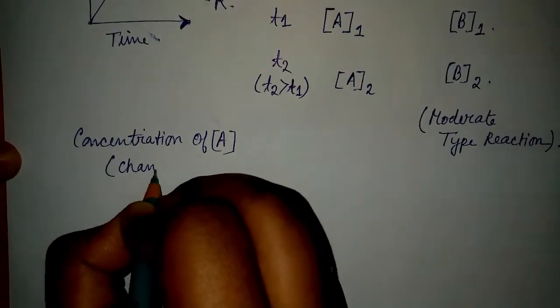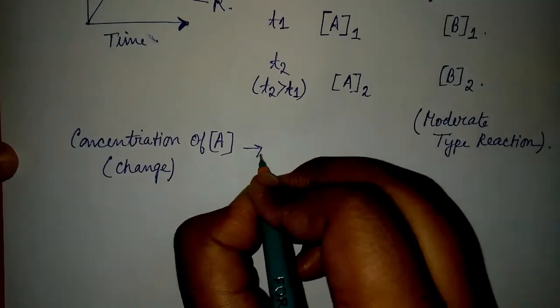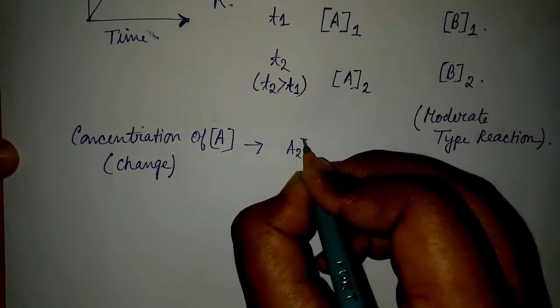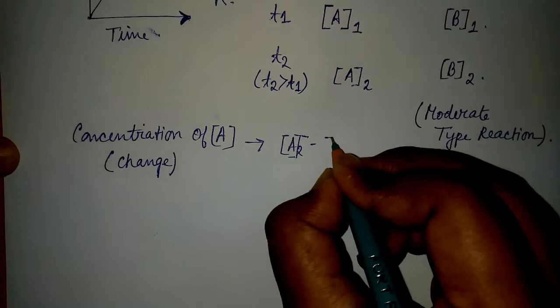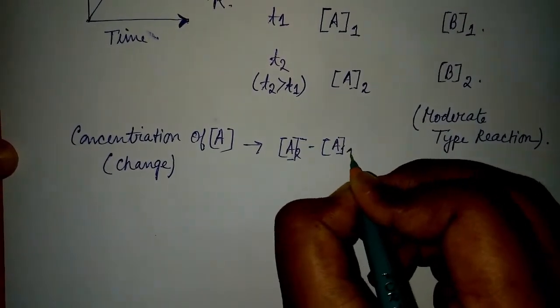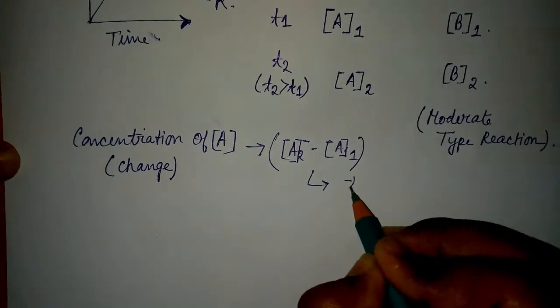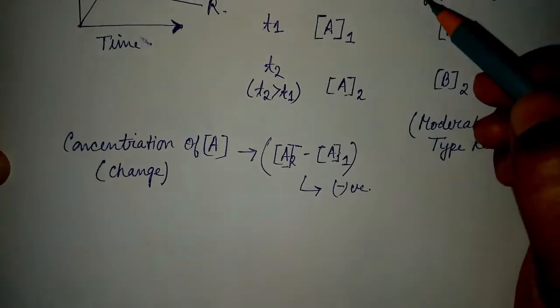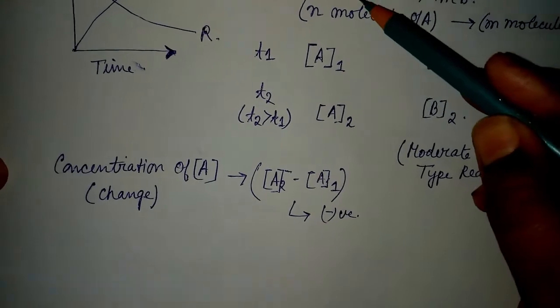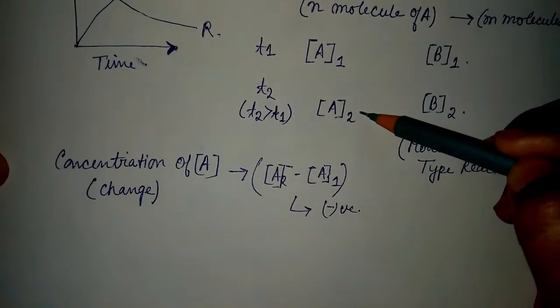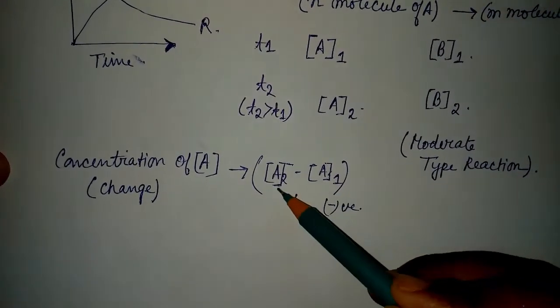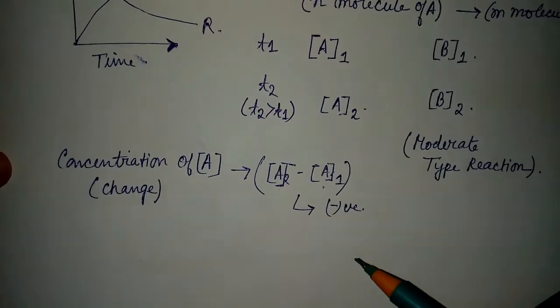Now the change in concentration of A can be written as A2 minus A1. This whole term would be negative, because we know that with the increase in time the reactant's concentration will decrease, so this value is smaller than this, therefore it gives a negative term.